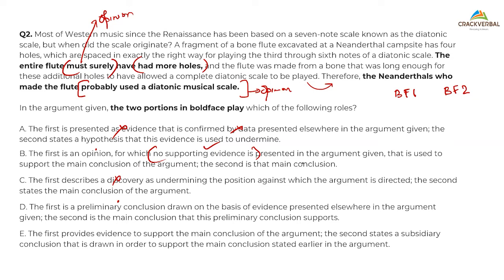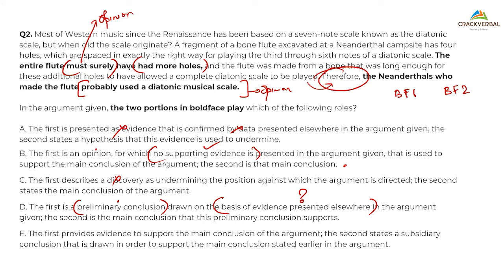And second is that main. Of course, the word therefore, because I'm using this evidence and then saying therefore, this is the case, right? So I can keep this option. Next. First is a conclusion. Now this is preliminary, drawn on the basis of evidence presented elsewhere. Where is the evidence?